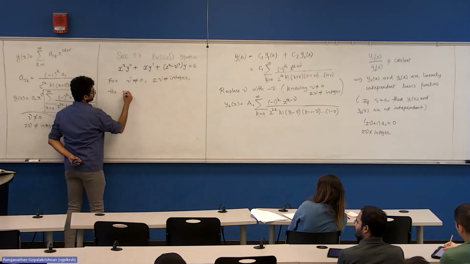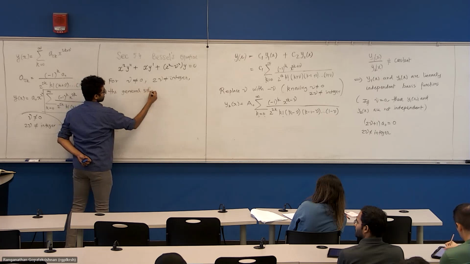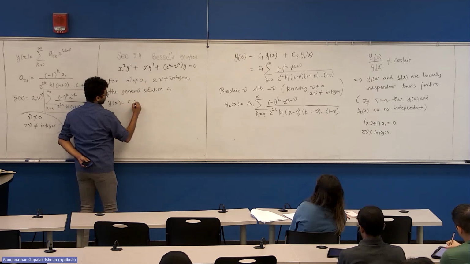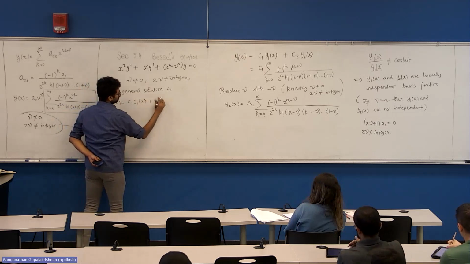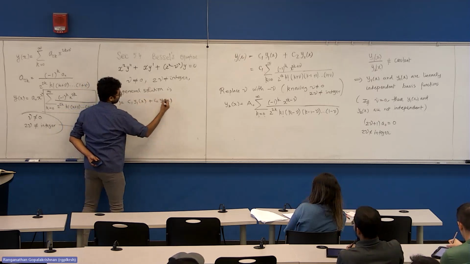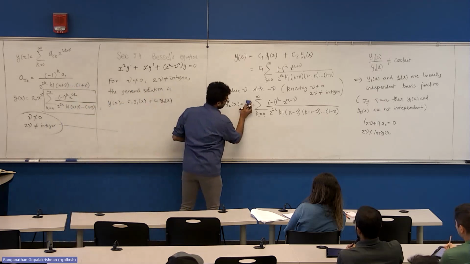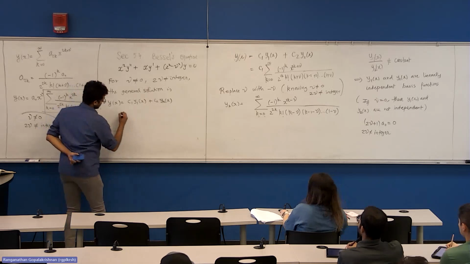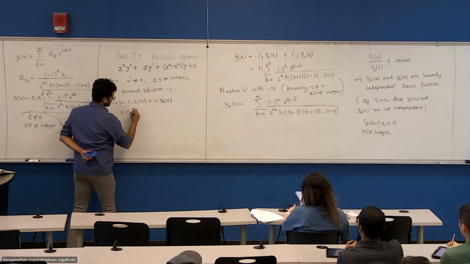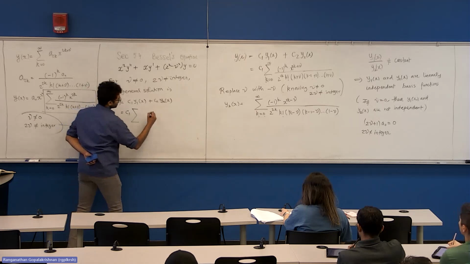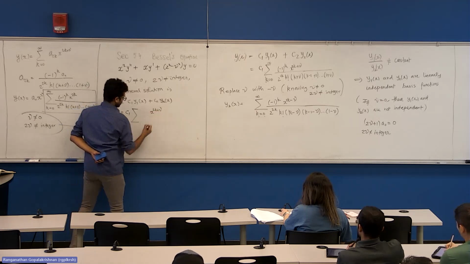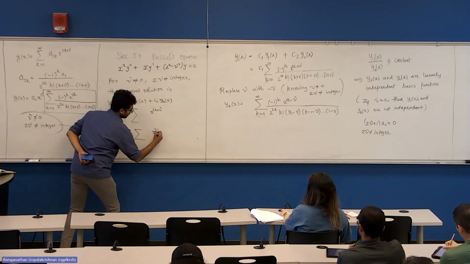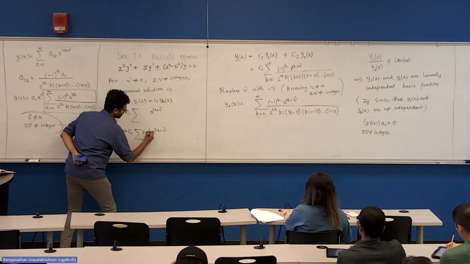the general solution is y(x) equals c1 y1(x) plus c2 y2(x). You can drop this a naught from here because that is absorbed into the c2. So this will be c1 summation with the large terms x power 2k plus nu, plus c2 summation x power 2k minus nu. You can fill in the blanks.